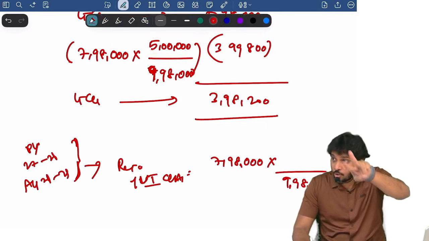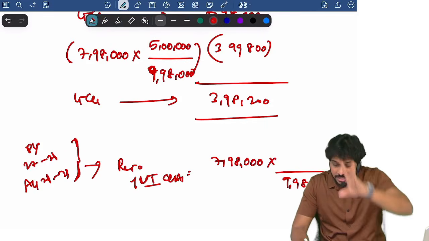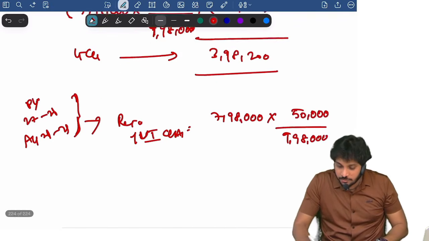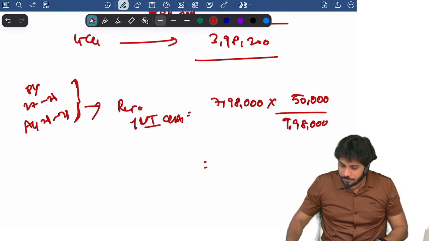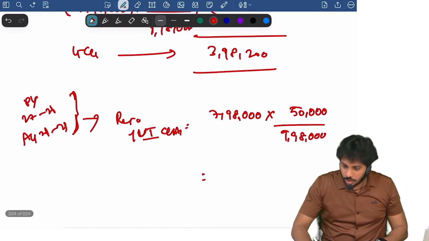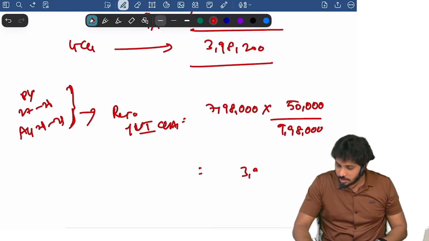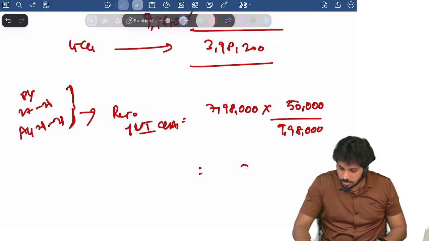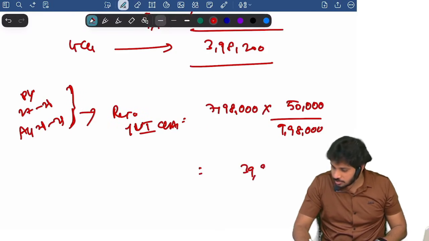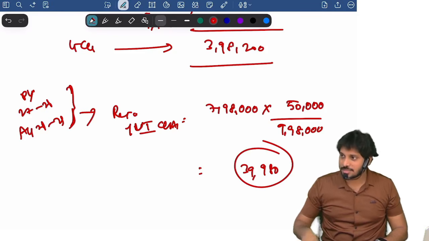Technically you should have claimed only 4 lakh 50 because that is what was ultimately invested, which means you didn't utilize 50. How much is retaxation? 39,980 will be retaxation. That's it.